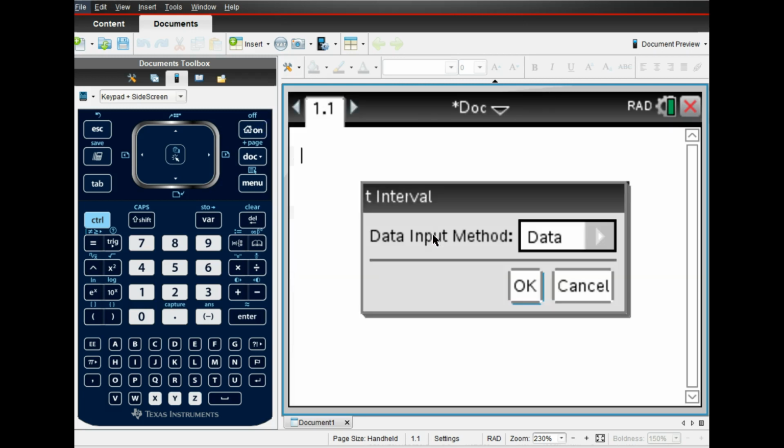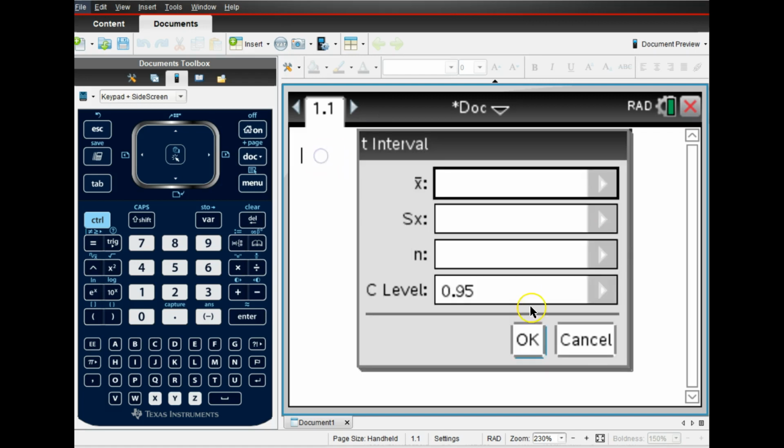Okay, so the data input method, if you happen to have a list of values, like a list of your data saved in a list in a data statistics page, then you would select that and you would just name whatever you named that list. But we are dealing with statistics in this example. Okay, x bar in our example on our notes here, it's 7.2.